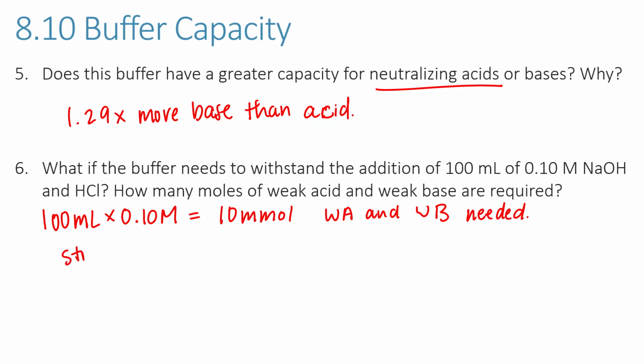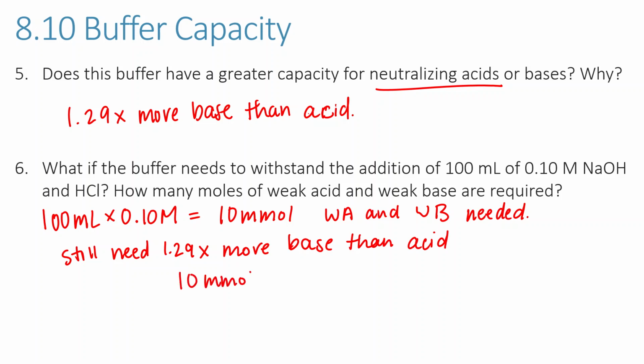So I still need 1.29 times more base than acid. That way my buffer will have the correct pH. So based on that, I'm going to need 10 millimoles of my benzoic acid, and I'm going to need 12.9 millimoles of my sodium benzoate.